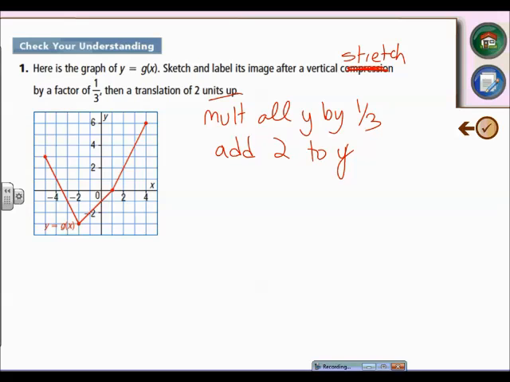So let's start with this point here. It's right now at 3, multiplied by 1/3, I don't know why I'm saying 2, multiplied by 1/3, so 3 becomes 1, and then move it 2 up. Hey, it went back to the same place. That's kind of cool.